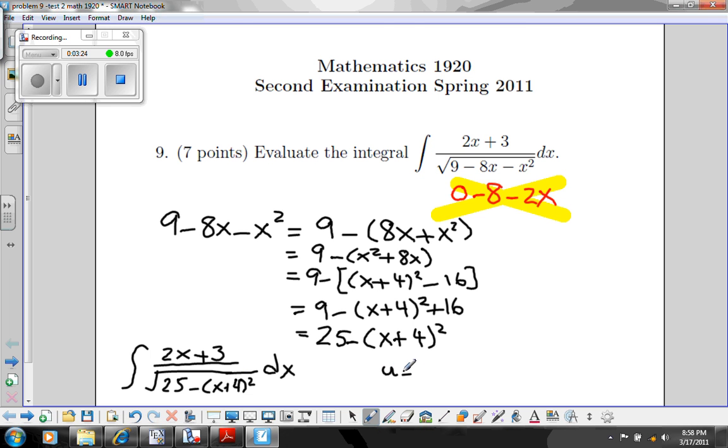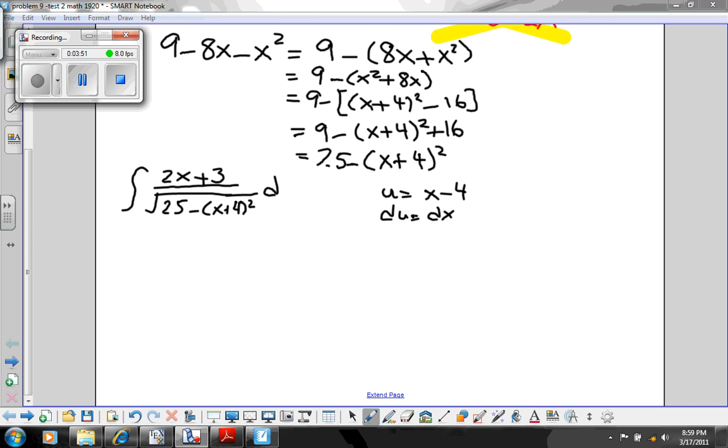So let's let u be equal to x plus 4. So therefore du is equal to dx.